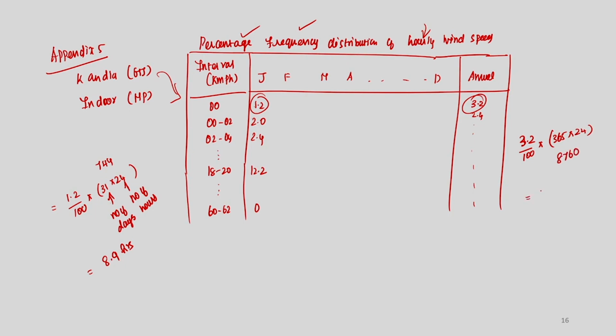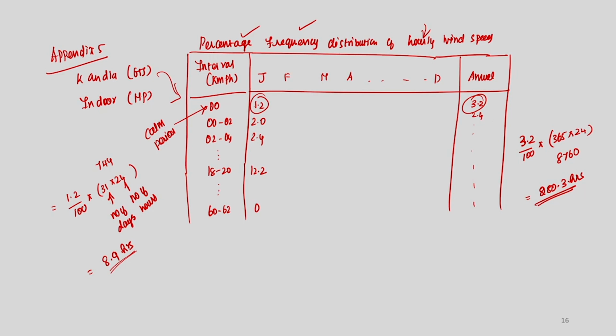So, the number of hours would be 280.3 hours. That is the way you can calculate for 0 kilometer per hour. This we call a calm period where there is no wind. So, for this place Kandla in Gujarat, you would get 8.9 hours in January, and the same is around 280 hours annually, right.